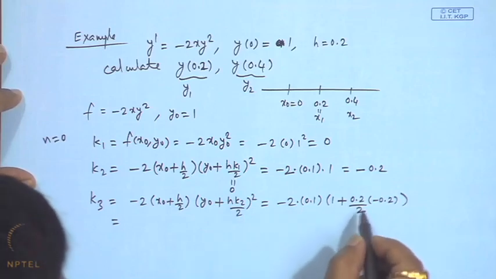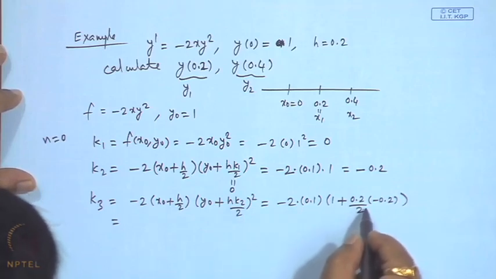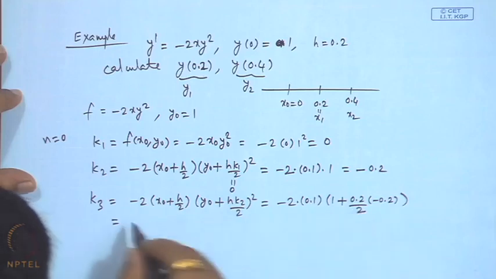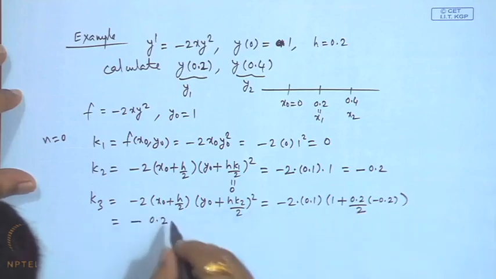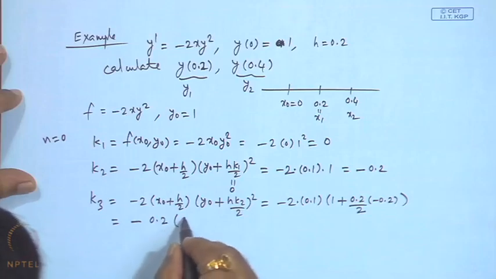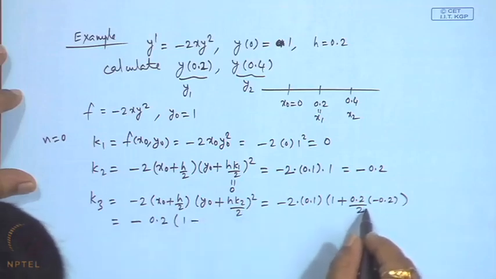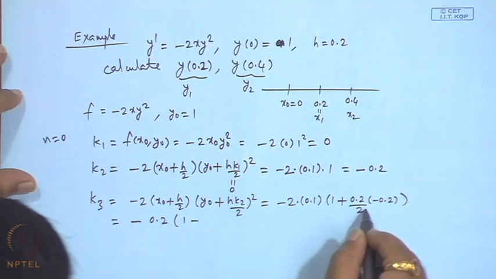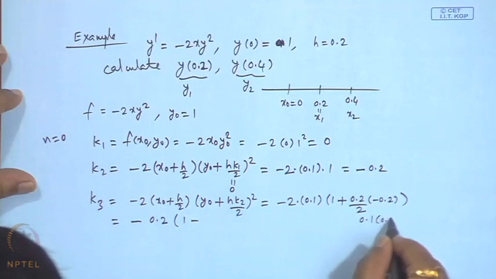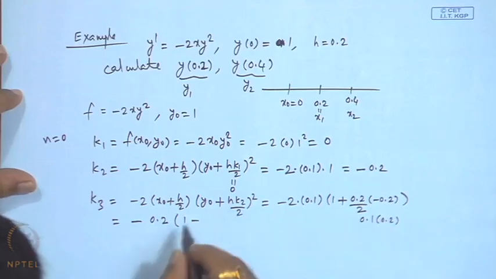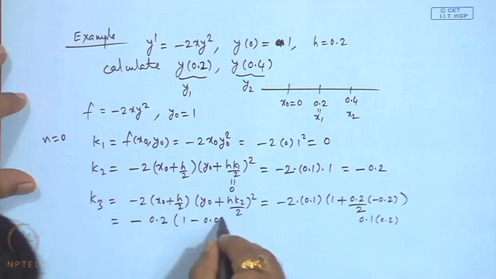So, this will be minus 0.2 times 1 minus 0.1 times 0.2. So, this is 1 minus 0.02.